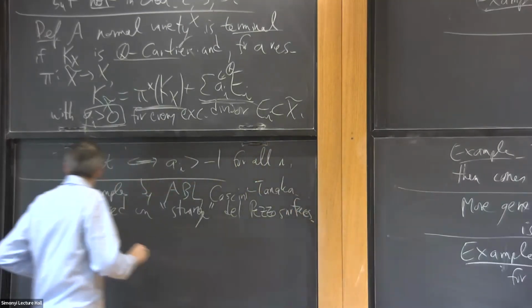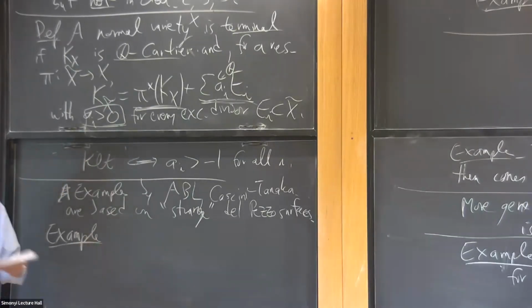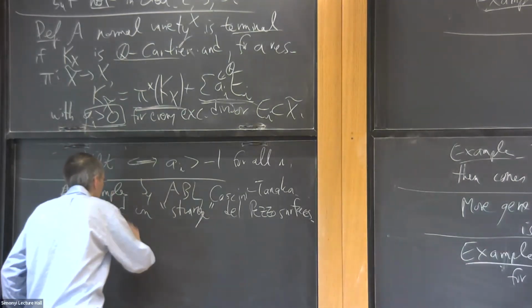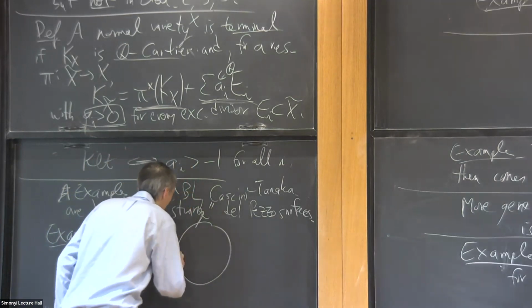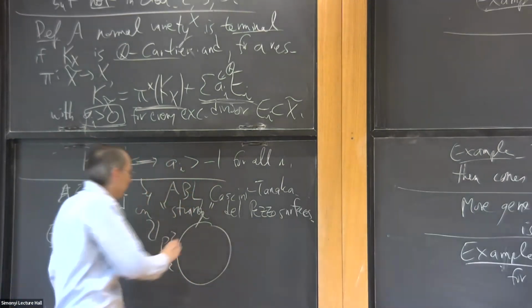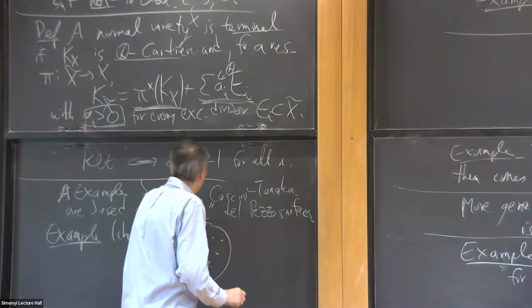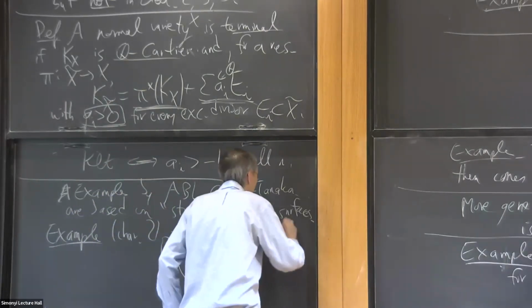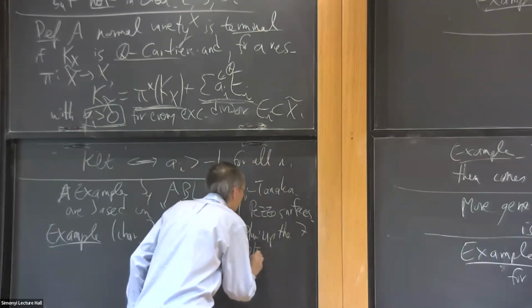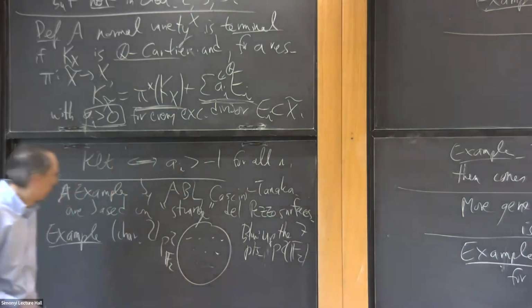So I'll just give one other example. In characteristic 2, what's an example of a strange pencil surface? You could start with P2 over F2, and then blow up the 7 rational points of P2(F2).